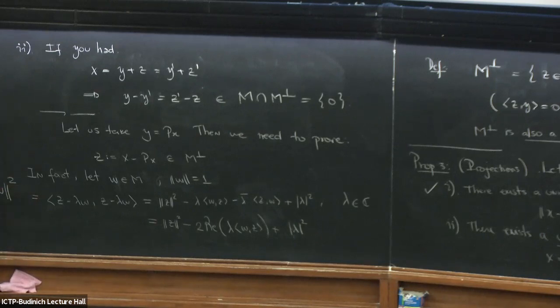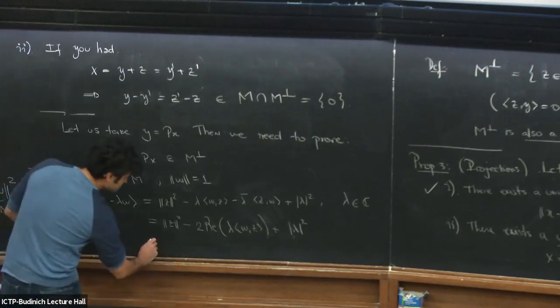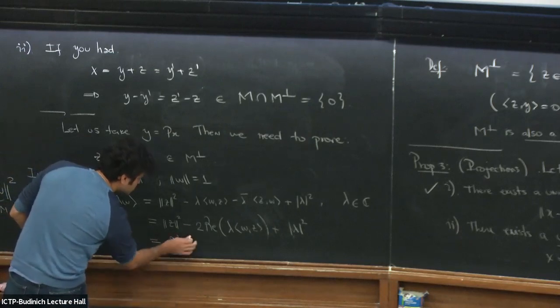So this is bigger or equal than, so P of X is a guy in M. This is also a guy in M. So the difference is in M, and the distance from X to everybody there is bigger or equal than delta. So you get delta square here. But delta square was this. So you really get delta square here too.